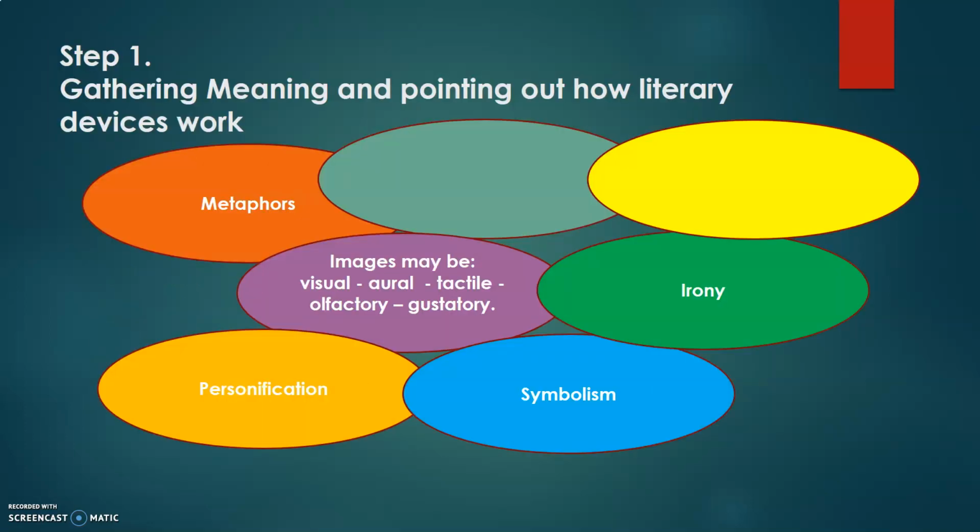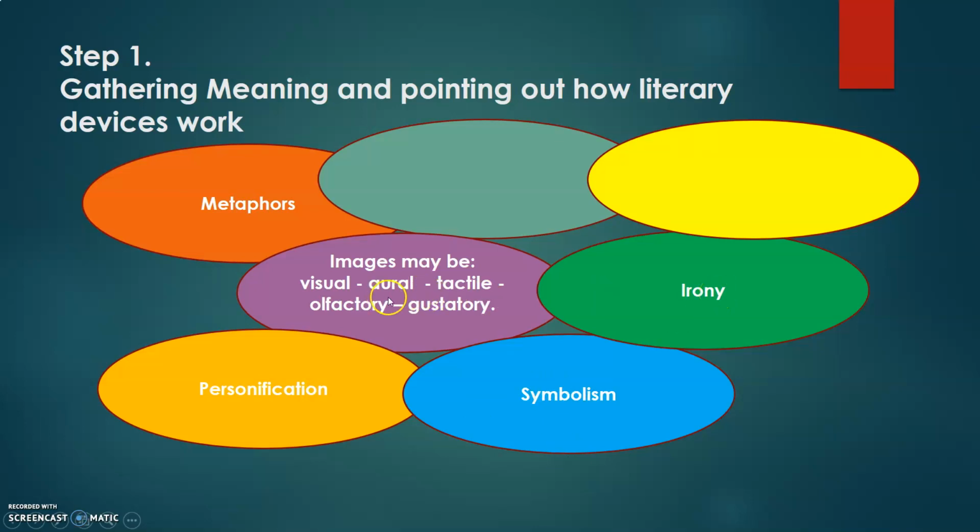Step 1, gathering meaning and pointing out how literary devices worked. And so you looked at the poems and you identified devices such as metaphors, personification, symbolism, irony.